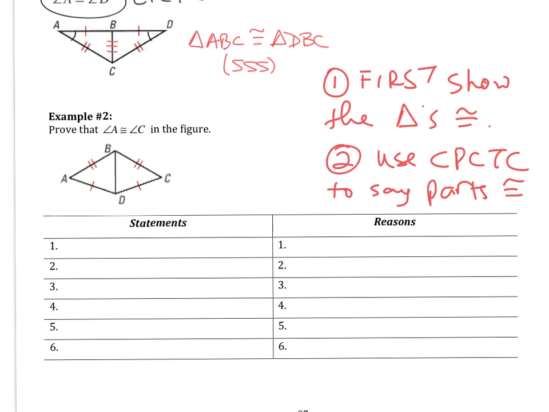Okay? So in my example that I see here, okay, I didn't write out the givens and all that stuff. I think you guys are starting to figure that out. So we're going to go based upon the picture, okay? It says that our objective is to prove that angle A is congruent to angle C. Do not mark that in the picture because I don't want you to use that as a reason why the triangles are congruent.